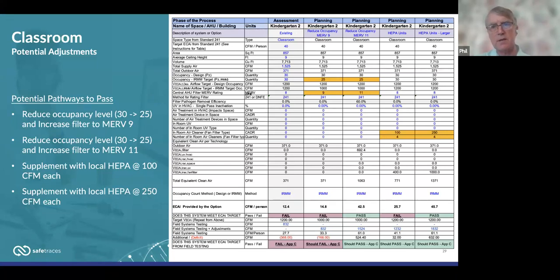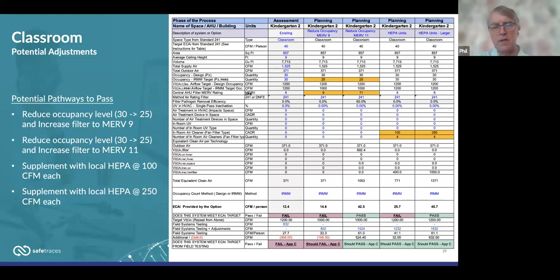If you look at the next column, we're using the tested results plus adding in some in-room air cleaners, in this case a HEPA filter of 100 CFM of CADR, 4 of them placed strategically around the room.